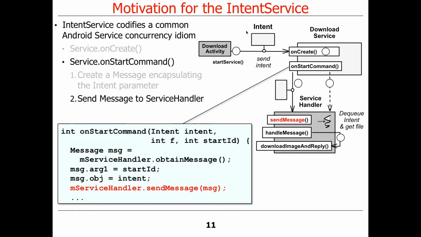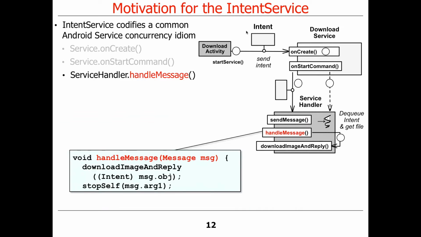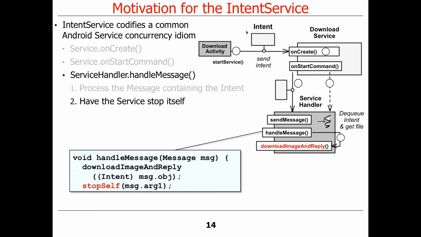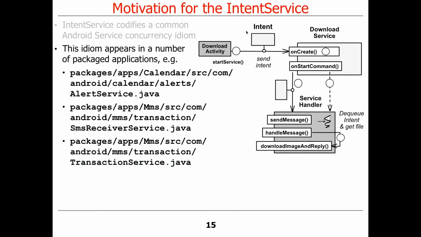The fact that there's one background thread here is very significant. That one background thread waits for something to do. When something happens, because it's called back automatically by the Android Handler framework, the handleMessage method is called back, passing in the message. That calls downloadImageAndReply, in this case because it's the download service. And when it's all done, it calls stopSelf.